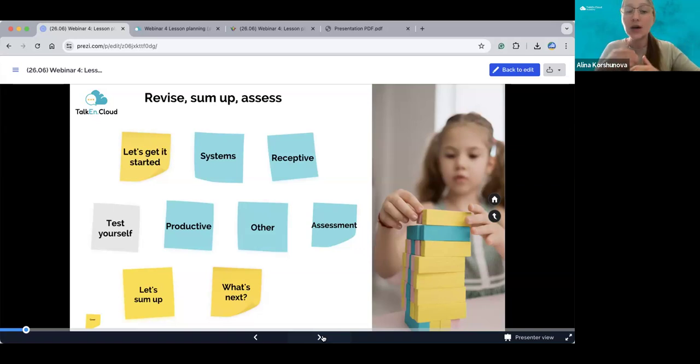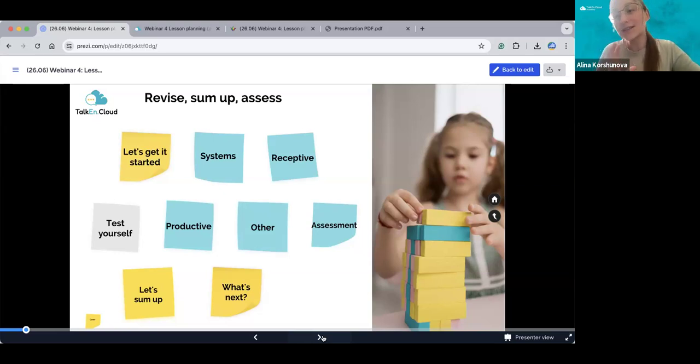At the same time, we will briefly discuss the possible staging of productive skills lessons, that is reading, writing and speaking. We haven't discussed that yet, so today we will look closely at how to plan these types of lessons.